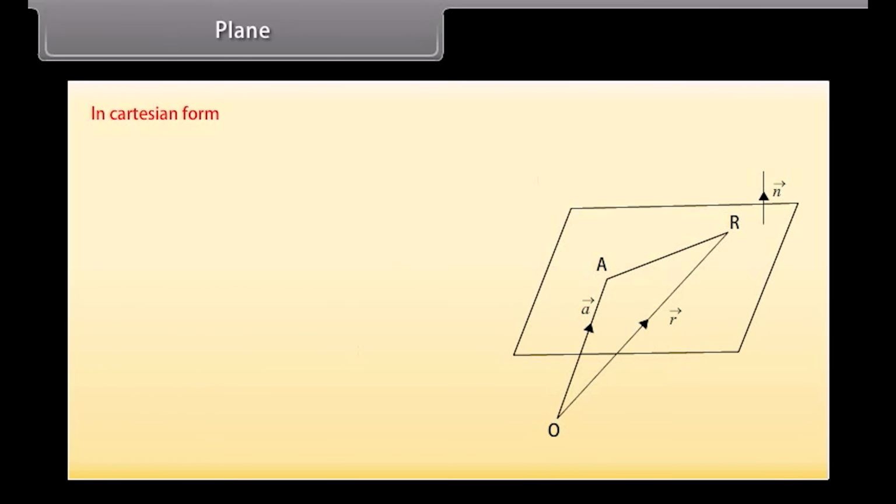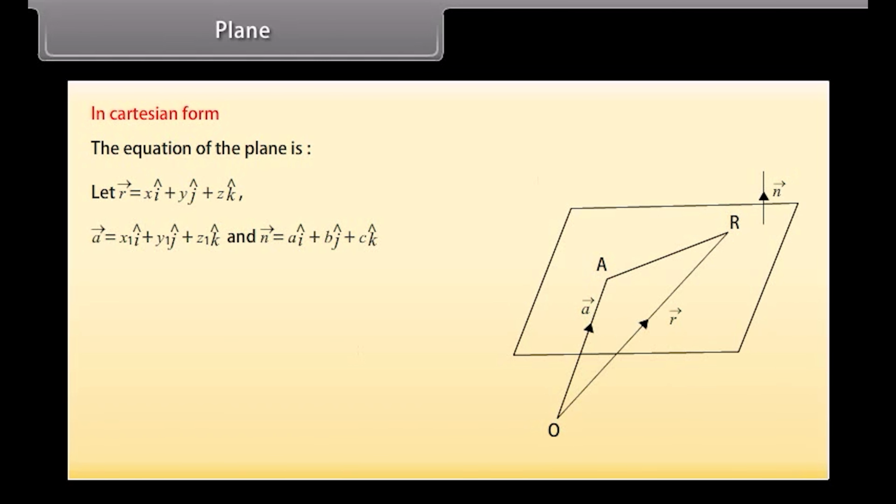In Cartesian form, the equation of the plane is: let vector r equal x cap i plus y cap j plus z cap k, vector A equal x1 cap i plus y1 cap j plus z1 cap k, vector n equal a cap i plus b cap j plus c cap k.